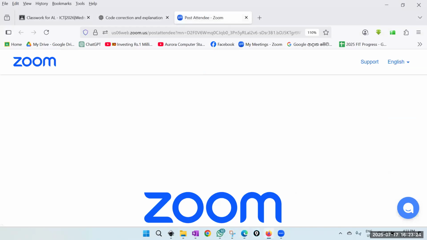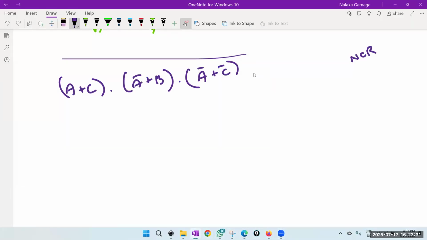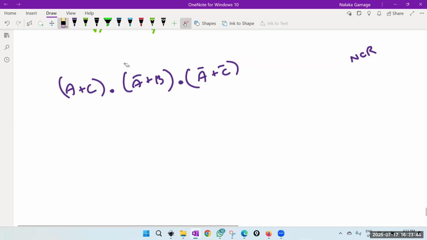Right, so now let's see. When we have AND gates, you need more NOR gates, so I don't like AND gates. Remember the same thing, when they ask us to use only NAND gates, I don't like OR gates. But when they ask us to draw using NOR gates, I don't like AND gates because AND gates need more NOR gates.